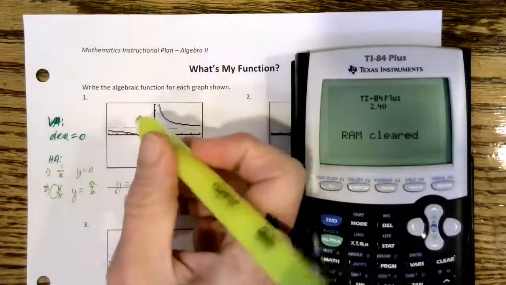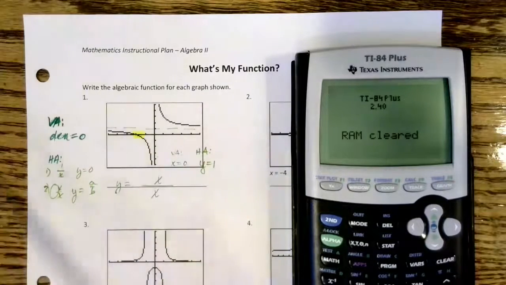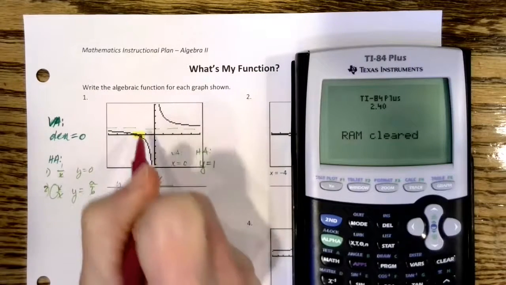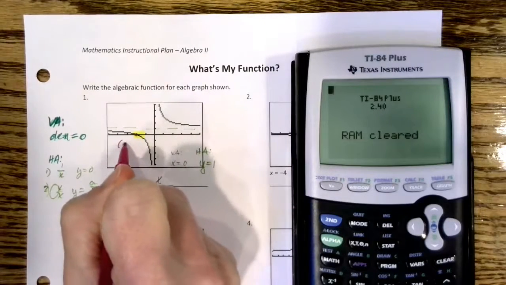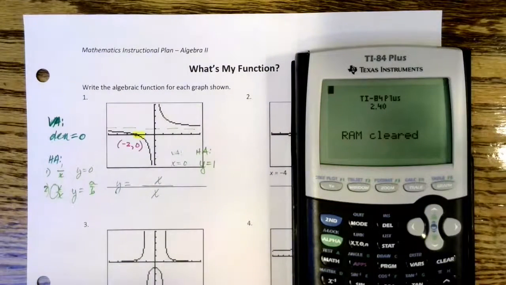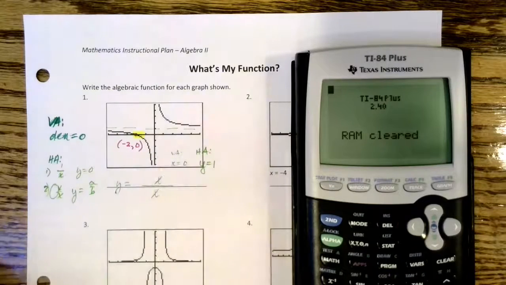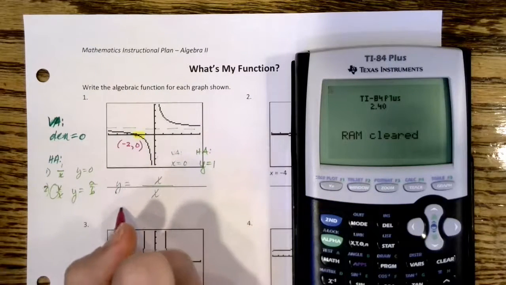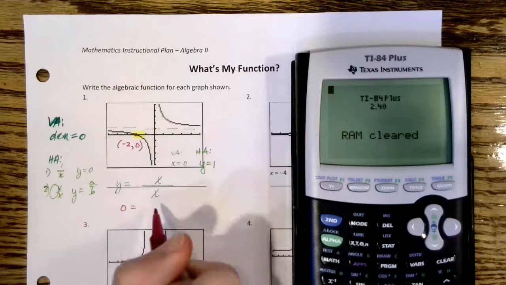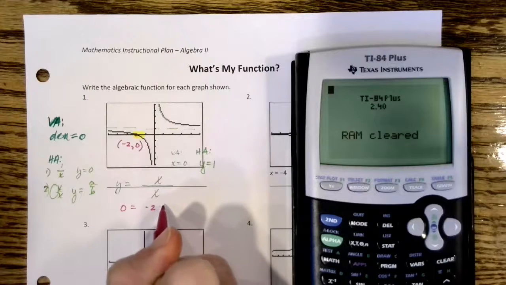So what we're going to do now is take a look at this xy ordered pair that we know is a solution. It looks like when x is equal to -2, 0 is an output. Because I know that is true, I say 0 is an output when I have a value of -2 in for x.